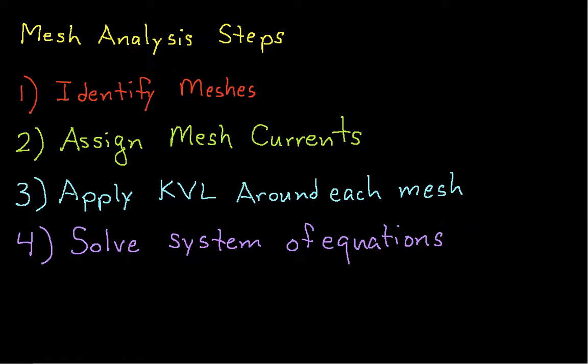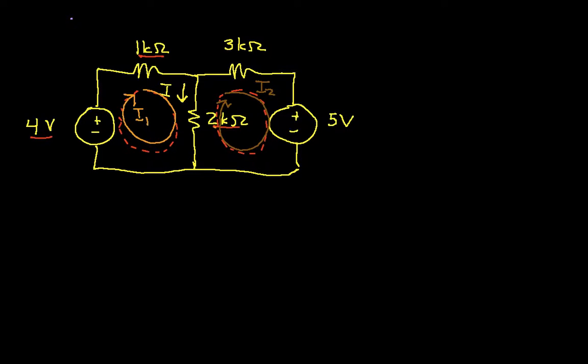Now the next thing we need to do is apply Kirchhoff's voltage law around each mesh. So let's go back and start with mesh 1. We'll start with this mesh current that we've defined, and we'll apply Kirchhoff's voltage law around the mesh. We'll start at the source, and since we apply the voltage law in the same direction as we've defined the mesh current, I'm going from negative to positive on this source.